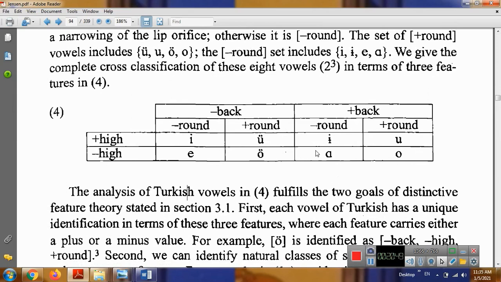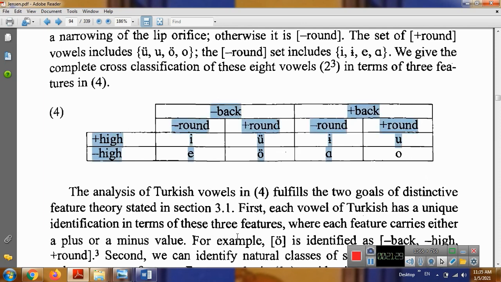When we have lar, we choose the other form of the suffix in. The shared feature between these two vowels is that both of them are minus round and plus back. The shared feature between e and a is that both of them are minus round and minus back.